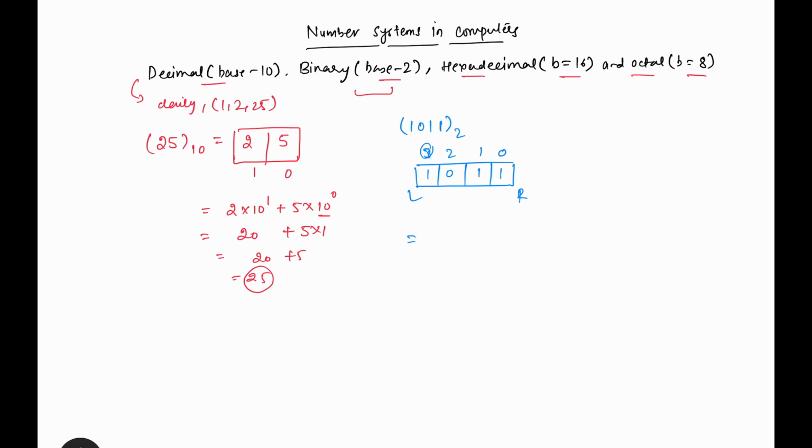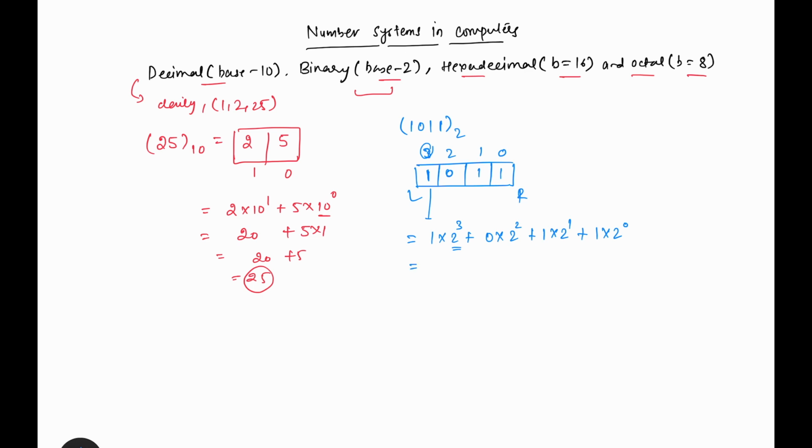So what we'll do is take this 1 into 2 power 3 plus 0 into 2 power 2 plus 1 into 2 power 1 plus 1 into 2 power 0. We multiply these digits with the base raised to the power of the position of that digit.